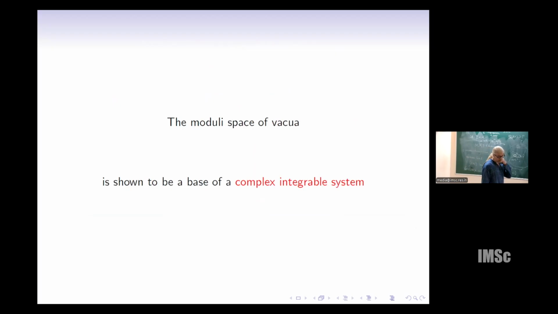So what do I mean by this? What I mean is that the space of vacua of this N equals 2, D equals 4 theory has continuous moduli spaces of vacua, of ground states, so states with zero energy.